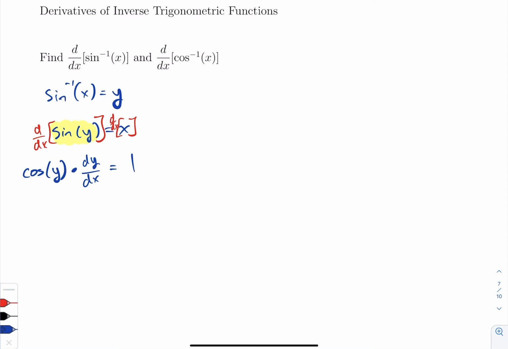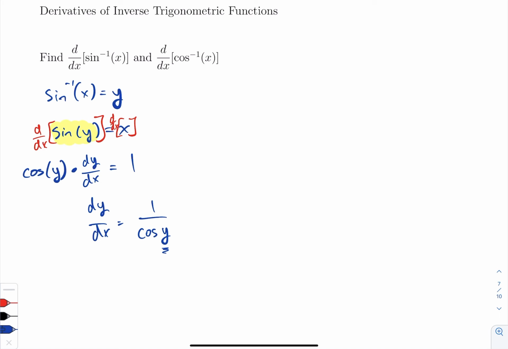Now, ultimately, I'm trying to find dy dx, so I can divide by cosine of y to get 1 over cosine of y. Now, this seems great, except I want my derivative to be in terms of x, not in terms of y. So I need to do something about this y down here.